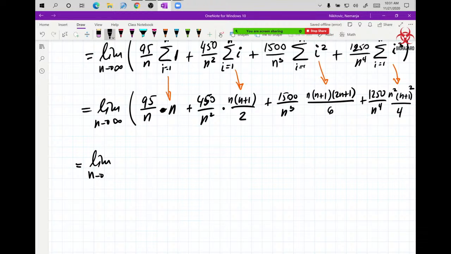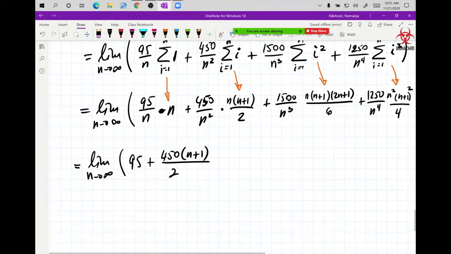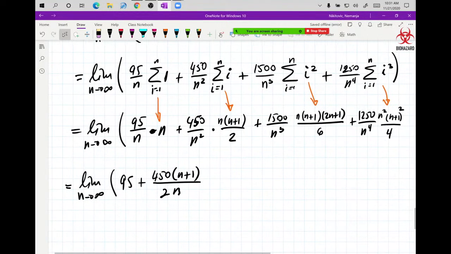So these formulas, again, are on page 345. Limit as n goes to infinity: 95 plus 450 times n plus 1 over 2n. There's still more things to simplify.